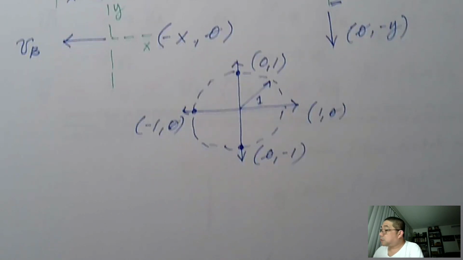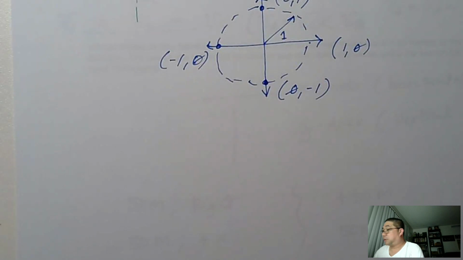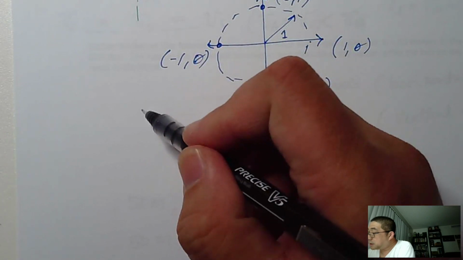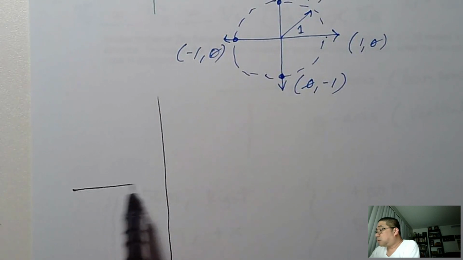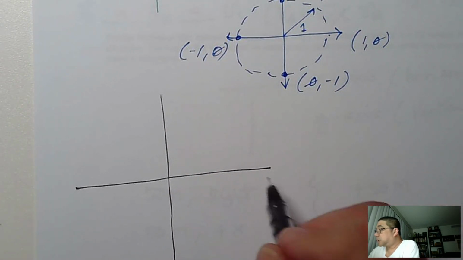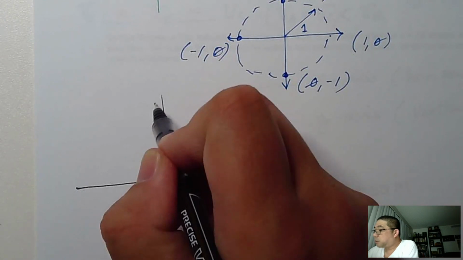Now let's move on. So this is easy. What if I have my x and y coordinate system? This is my x and this is my y coordinate.